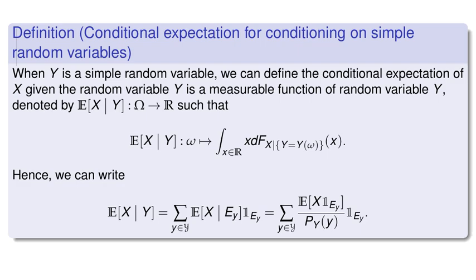Hence, we can write E[X|Y] explicitly as the sum over y in script Y of the conditional expectation given the event E_y times the indicator function of E_y. This equals the sum over y in script Y of the fraction E[X indicator E_y] over p_Y(y), times the indicator of E_y.